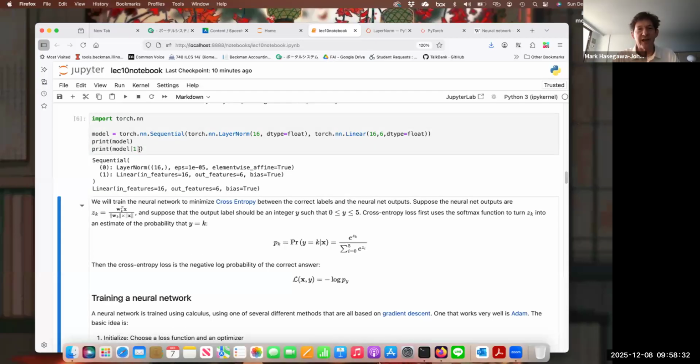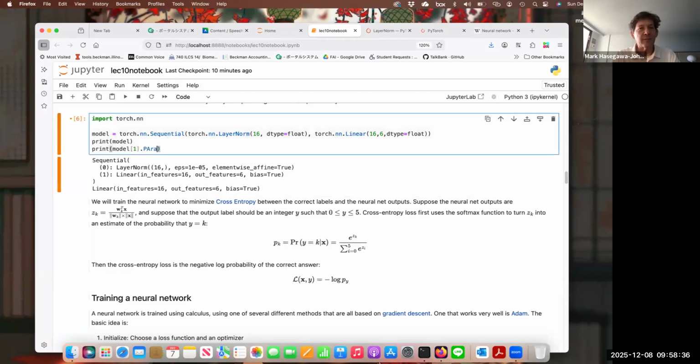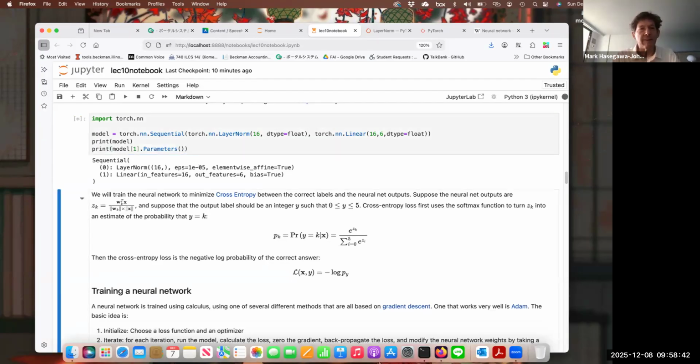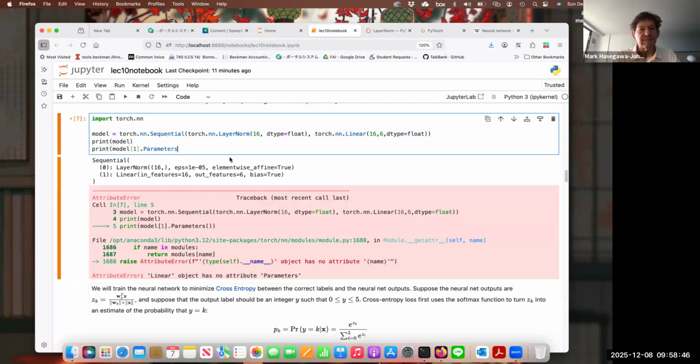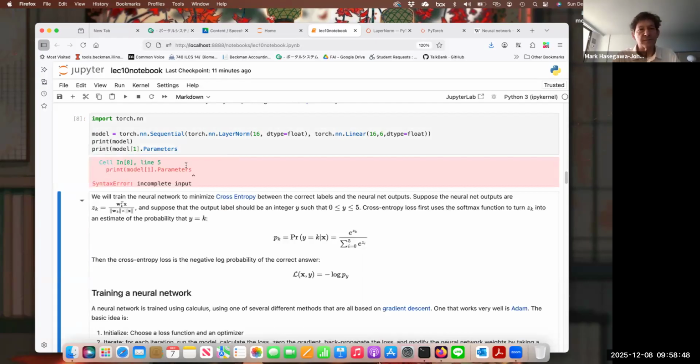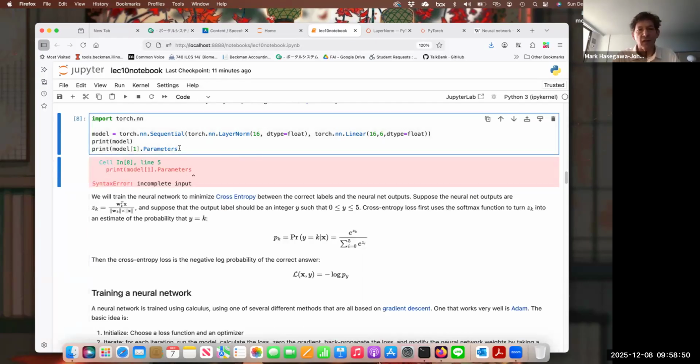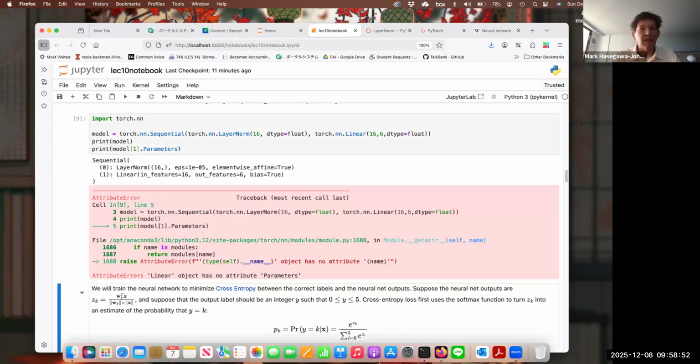And I think that if I want the parameters, I just type parameters. Okay, it has no, how about params?